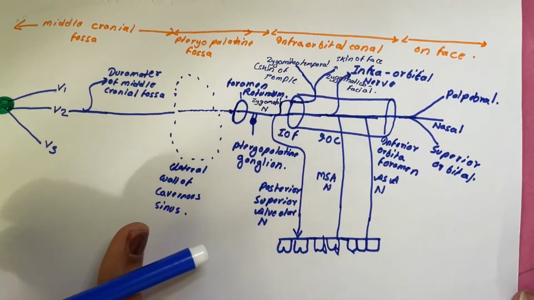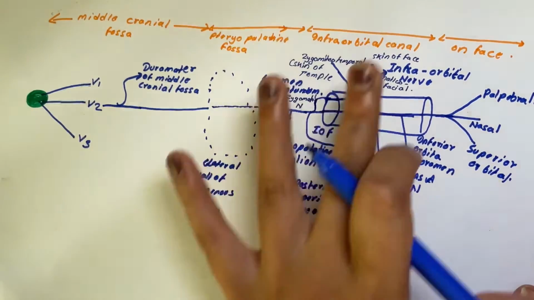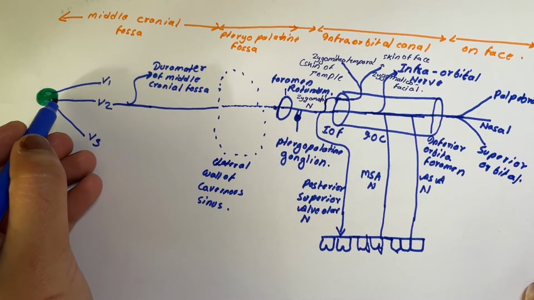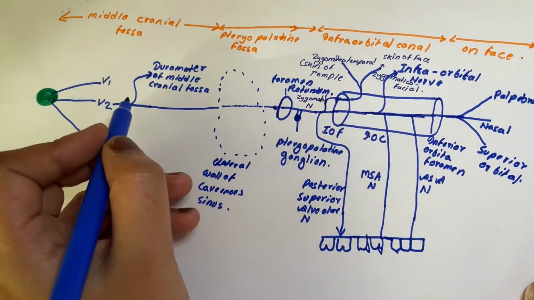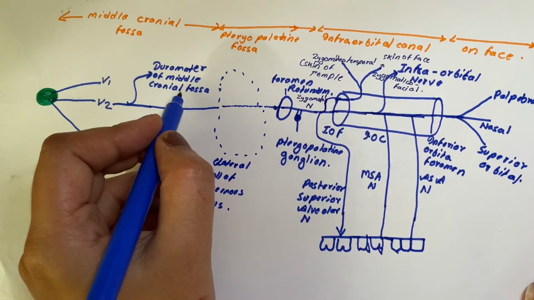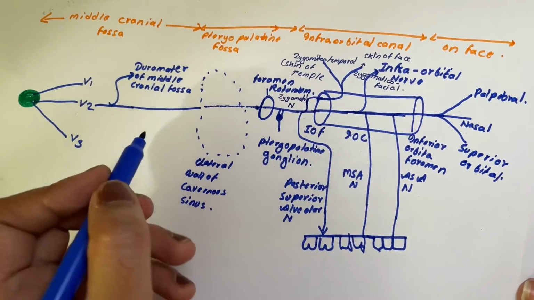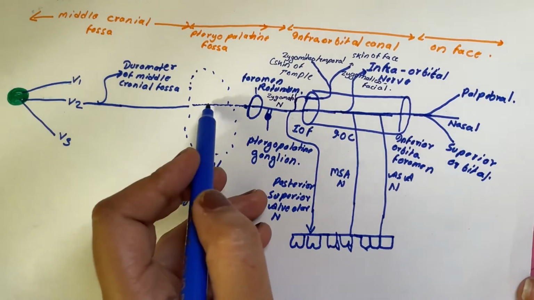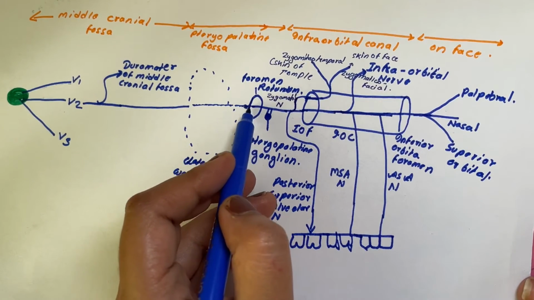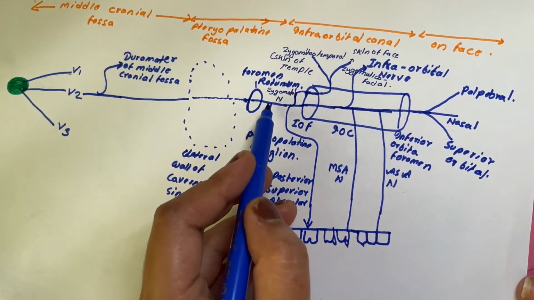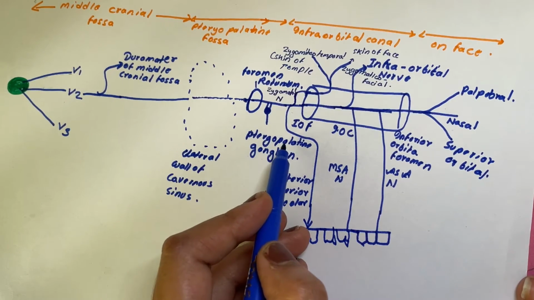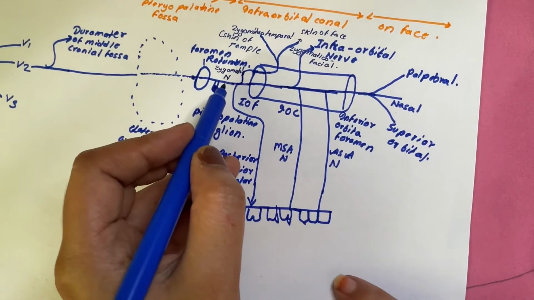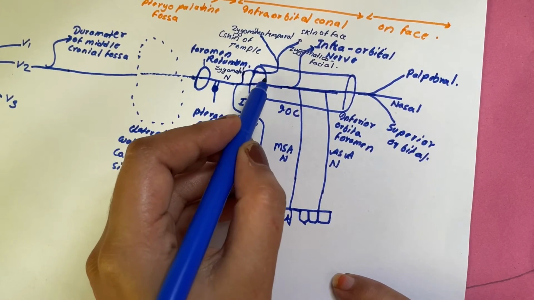Guys, now let's summarize all this. After it passes from the trigeminal ganglion, V2 supplies the dura mater of the middle cranial fossa, and it crosses through the lateral wall of the cavernous sinus and passes through the foramen rotundum and makes one ganglion named the pterygopalatine ganglion. And there is an inferior orbital fissure.